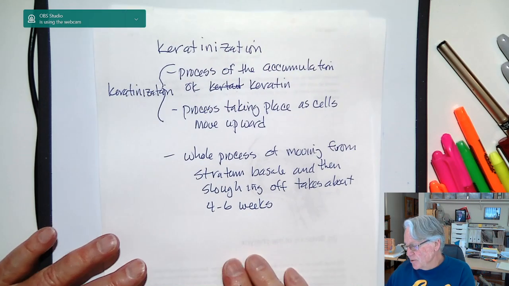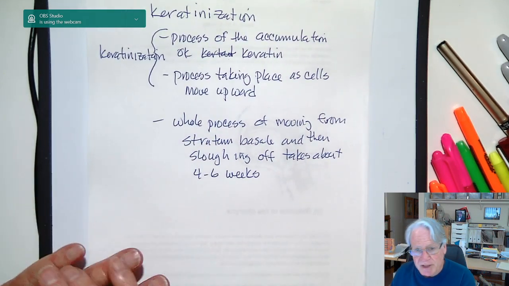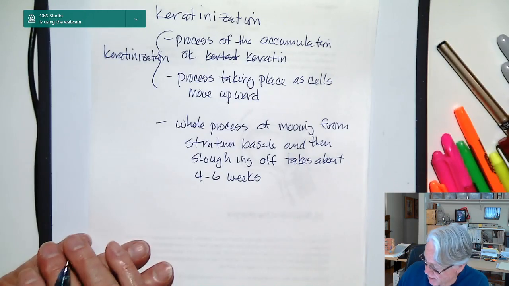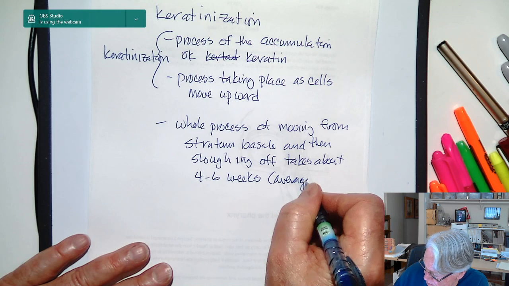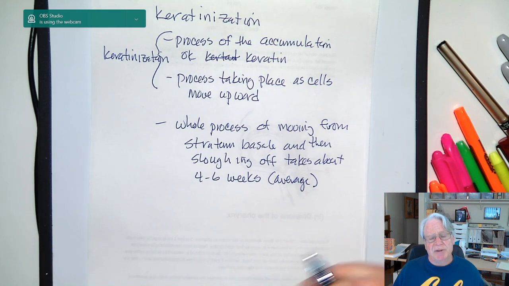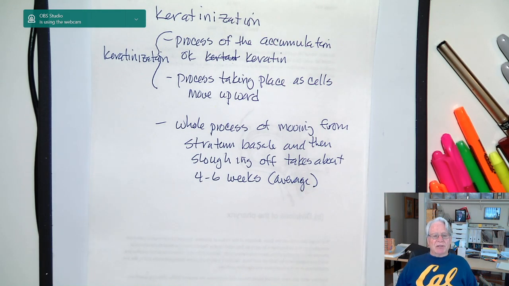Roughly speaking, your skin renews itself about every 4 to 6 weeks. And this is average. So some areas of the skin may be even quicker than this, depending on what kind of wear and tear it's getting. And sometimes in some areas it may be less than that.